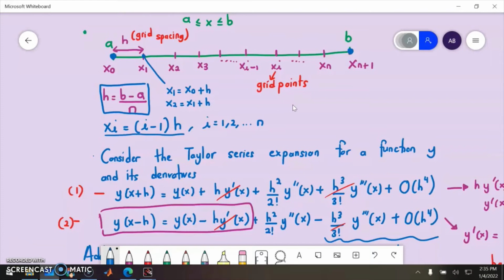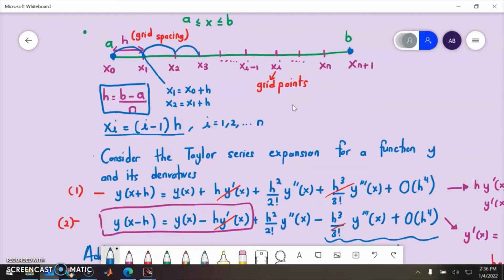When i is 2, 2 minus 1 is h here. This is h, x2 means 2h, x3 means 3h, 1, 2, 3 h.